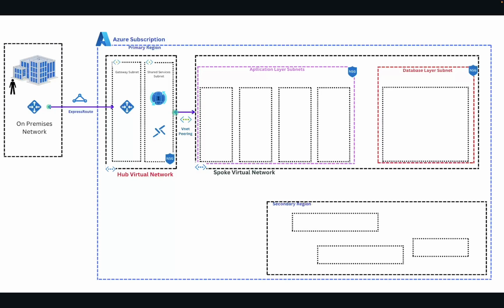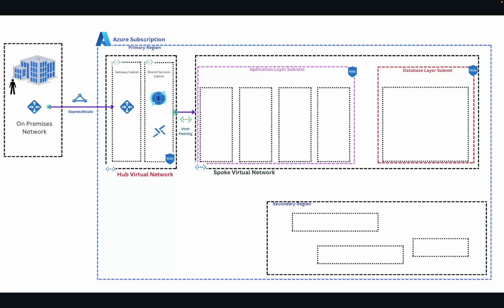Now you would ask, why do you need to create two separate VNets, hub and spoke? Why can't we create a single VNet and have everything inside that VNet, like gateway, shared services, application layers, and segregate it? Well, that is the beauty of hub and spoke architecture. Hub and spoke architecture protects the spoke VNets from external attacks by segregating the VNets.